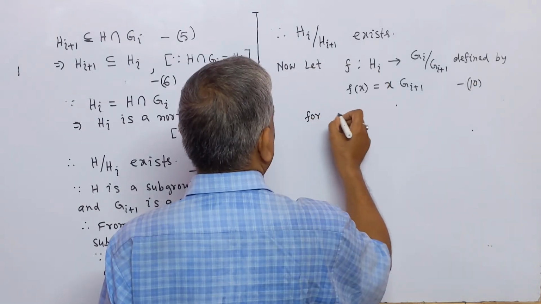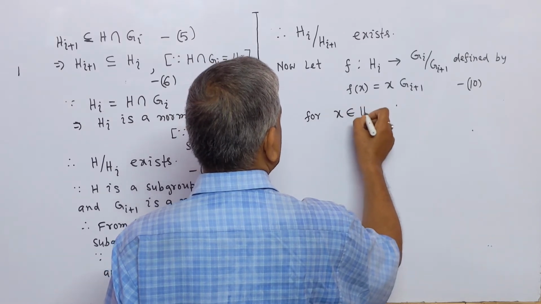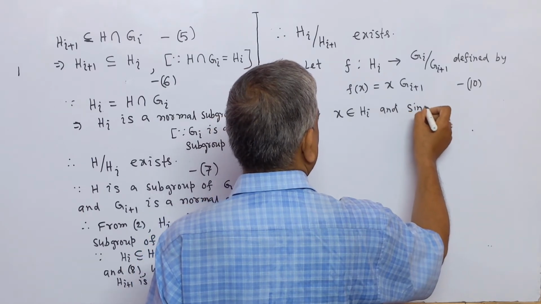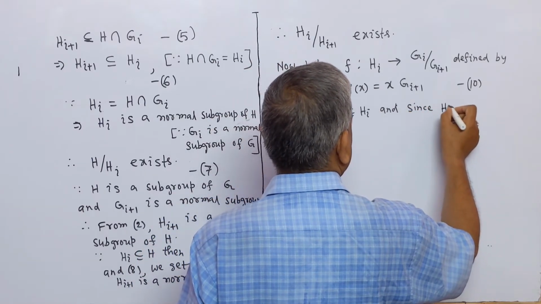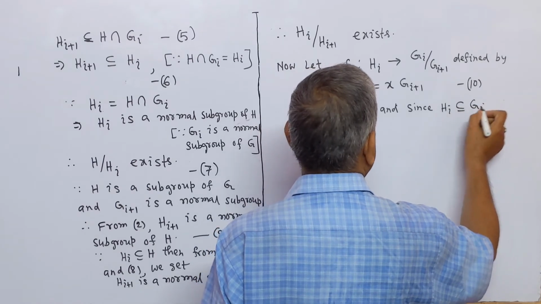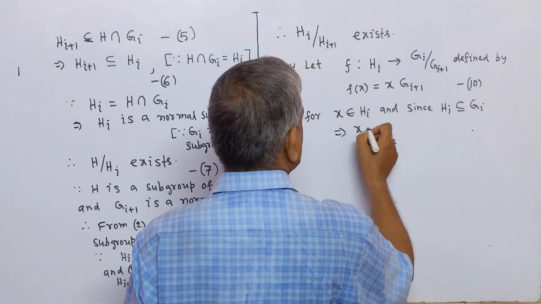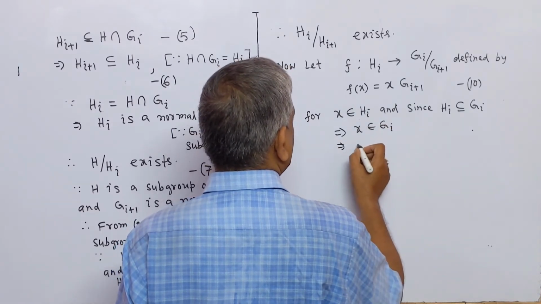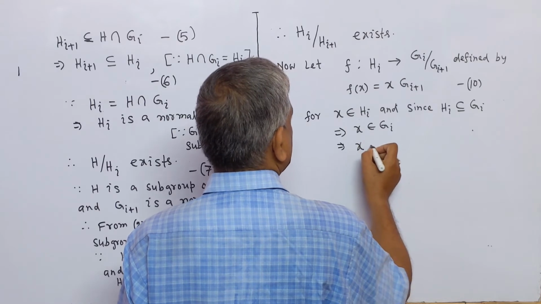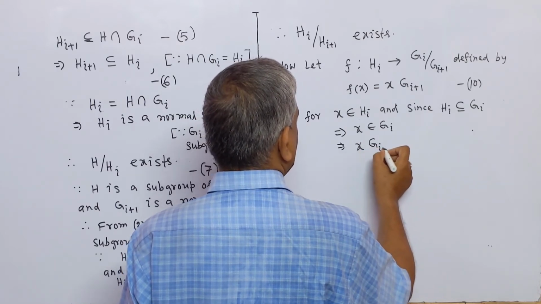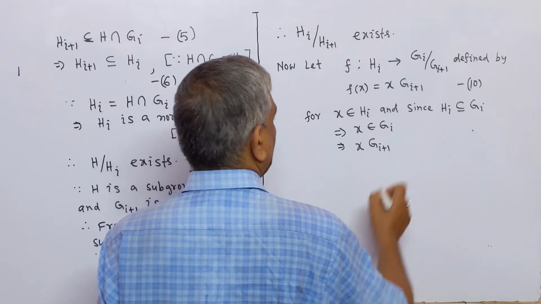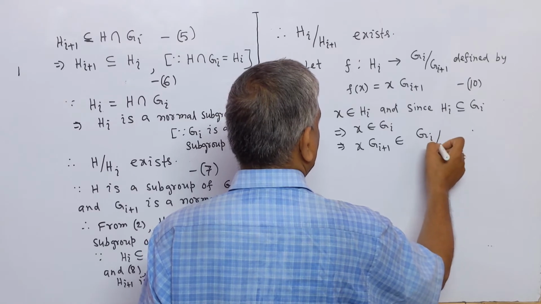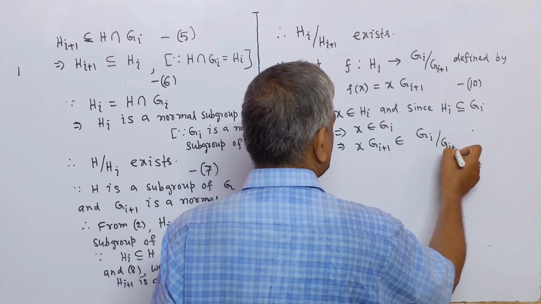For x belongs to Hi, and since Hi is a subset of Gi, implies that x belongs to Gi, implies that the left coset x Gi plus 1 belongs to the quotient group Gi by Gi plus 1.